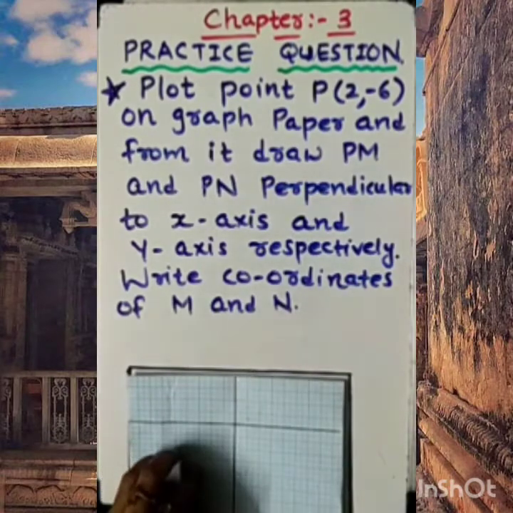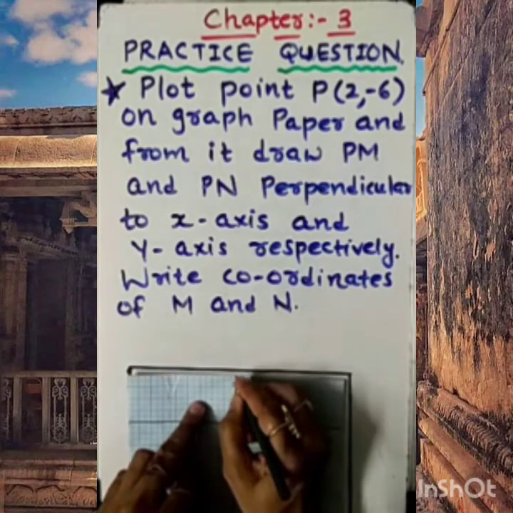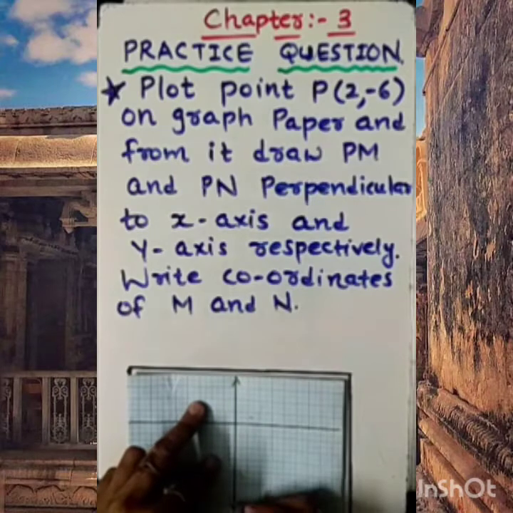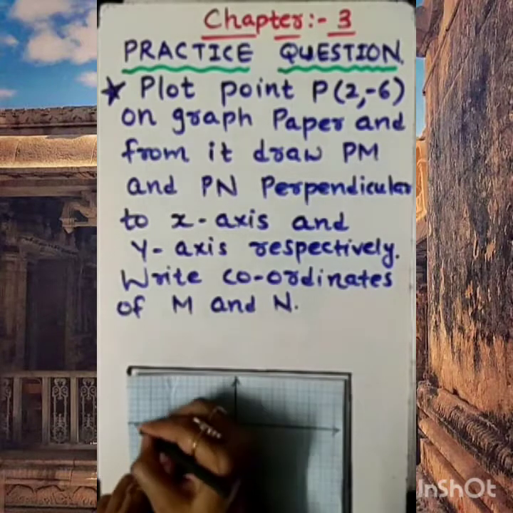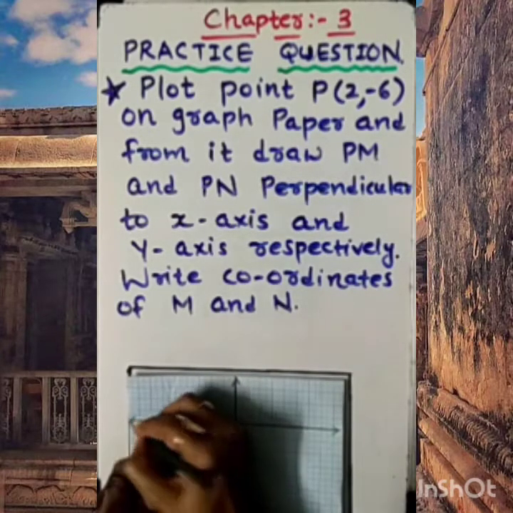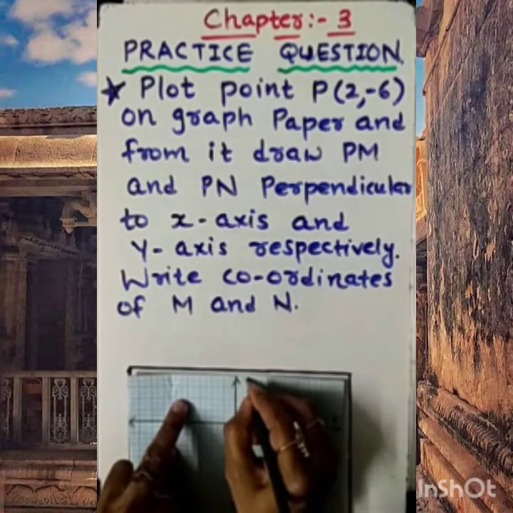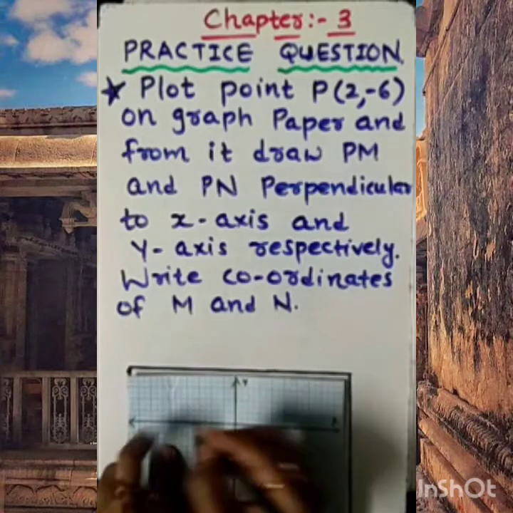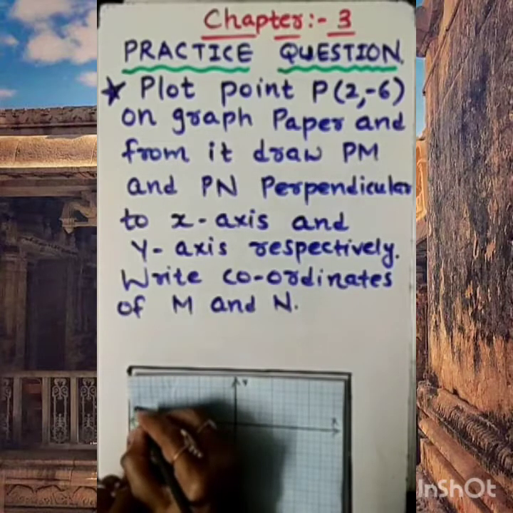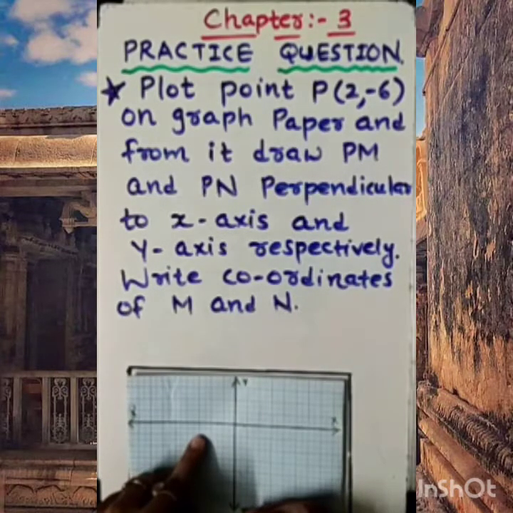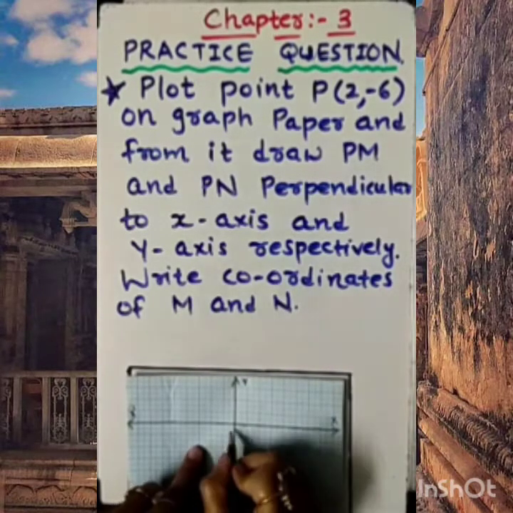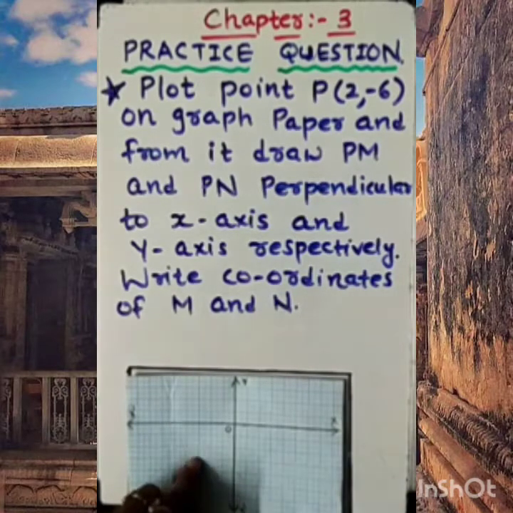This is x-axis, this is y-axis. So how to go with that? That also we will see. So I am beginning it from here. This is x-axis, this is y-axis, this is x dash axis, and this is y dash axis, right? So, my dear student, here it is origin O.